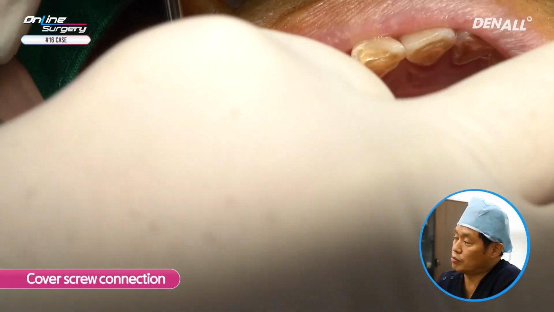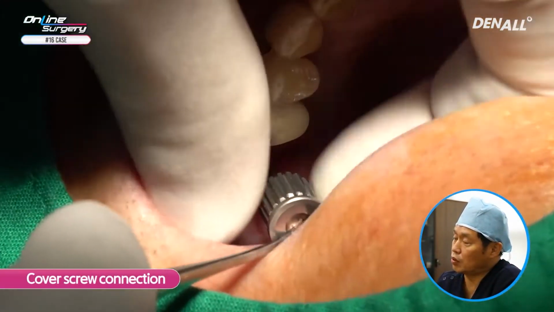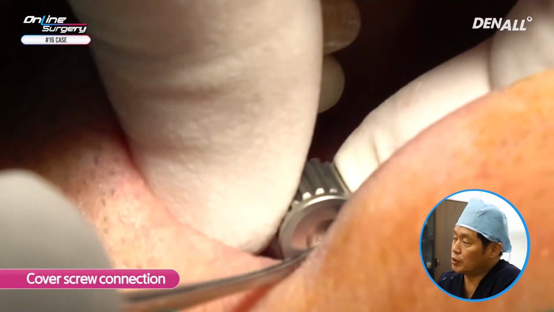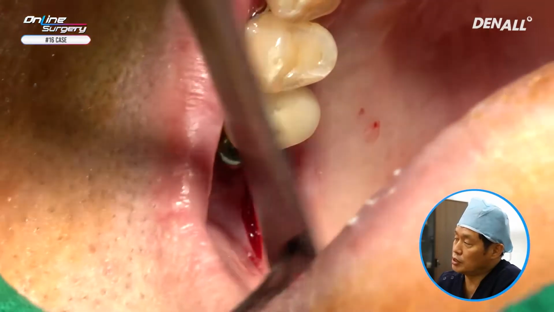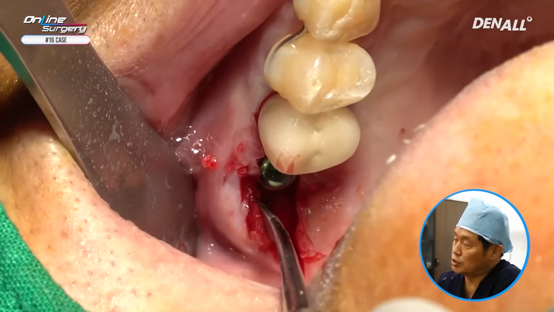Bone quality was not very good. Cover screw is connected.